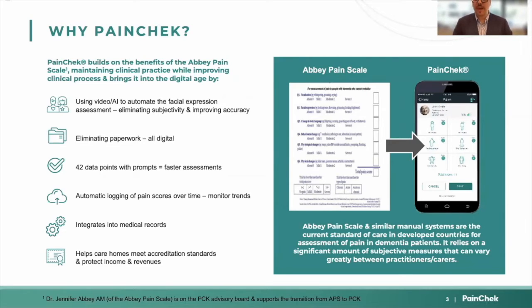Historical tools like the Abbey, and I imagine most of you are familiar with the Abbey Pain Scale, ask the assessor to give responses based on a relatively small number of indicators and give their personal opinion with regards to severity or frequency of indicators of pain. You can see a little screenshot of the Abbey Pain Scale on the right-hand side of the screen, looking across those different domains and asking for those different severity ratings.